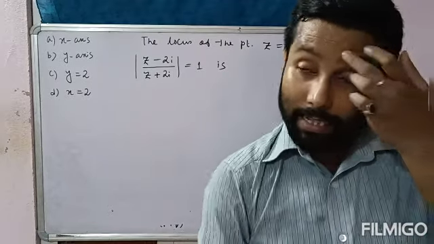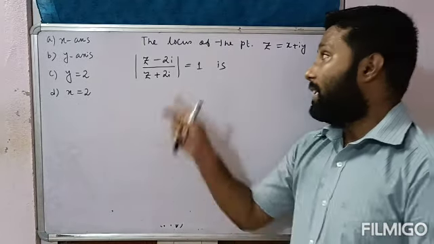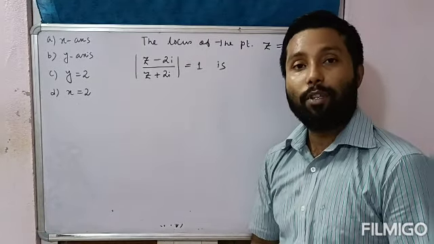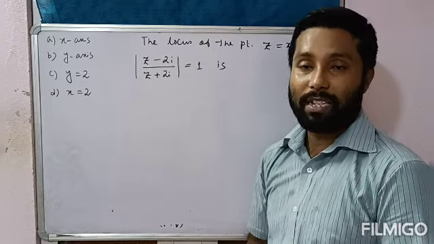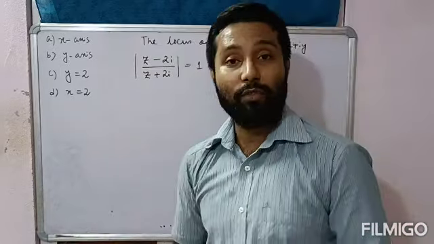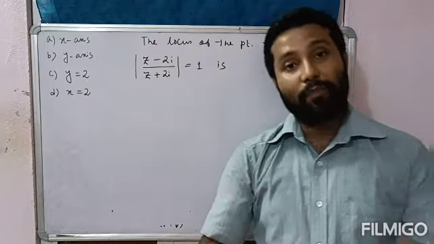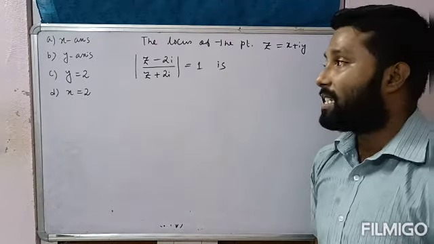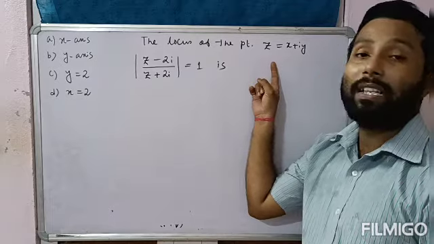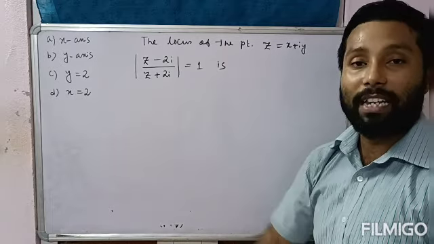Look at the question. This is little bit geometrical based question. The locus, already we have discussed about the locus, right? When I have discussed straight line part, in that case I have discussed about the locus. The meaning of locus, you know, even you have solved a few objective questions also. So the locus of the point z equal to x plus iy, ये point का locus क्या होगा वो find out करने के लिए दिया.